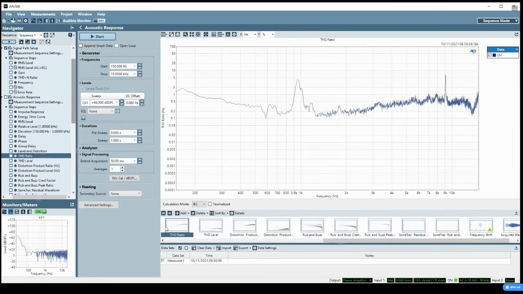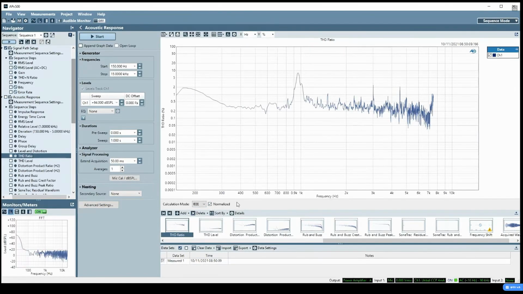We got our THD ratio. We have a couple of calculation modes now, which in most cases make very little difference. And we now have the option to normalize the THD.